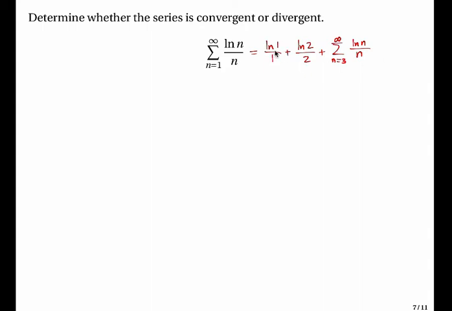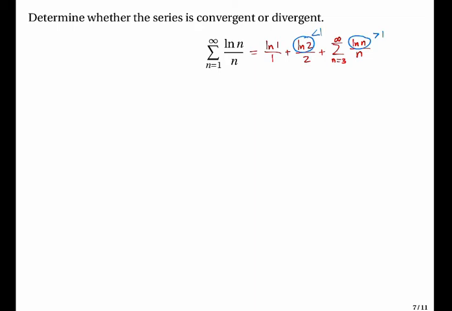Well, first, here we have ln of 1, and that's equal to 0. So basically, we can actually start from n equals 2. This ln of 2, however, is less than 1. Whereas, starting from n equals 3, ln of n is greater than 1.